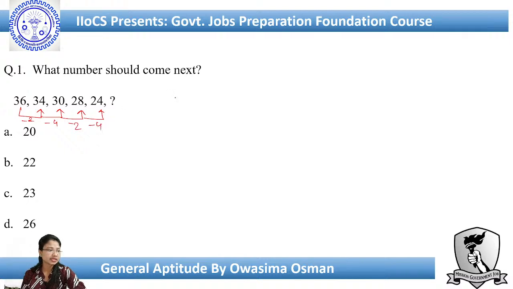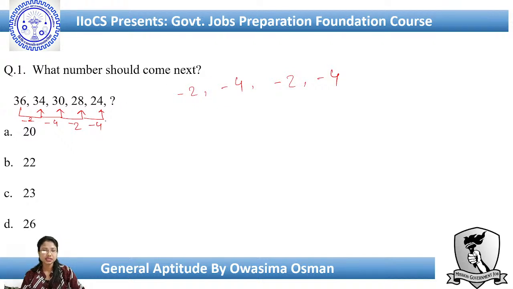So the pattern is -2, -4, -2 and -4. Each number is 2 less than the previous number, and the next is 4 less than the previous number.